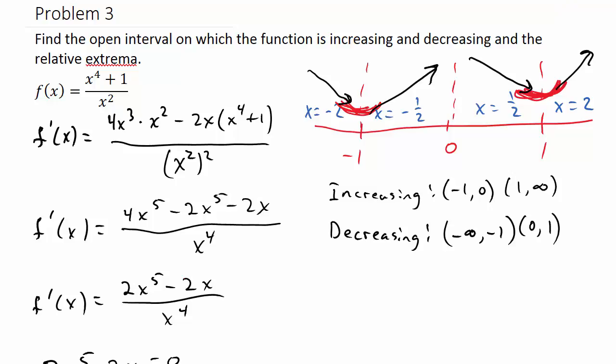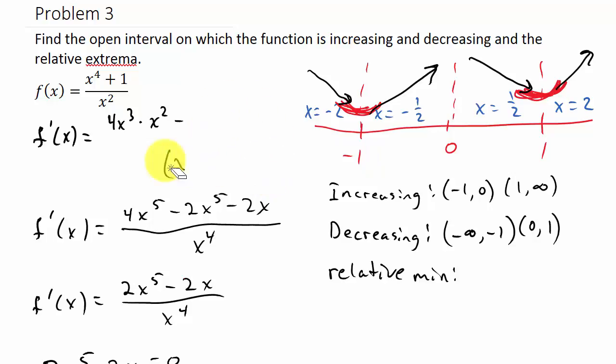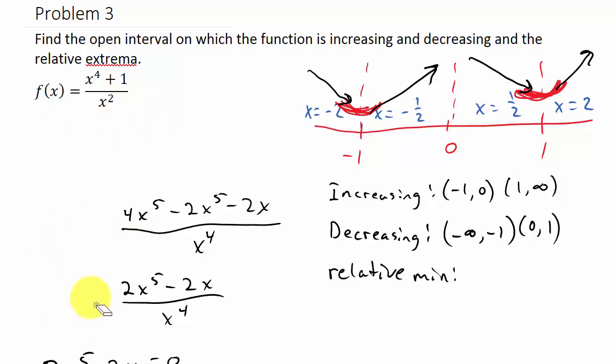Alright, now we need to find our, well, in this case we only have relative minimums. So our relative minimum, we have one at x equal -1. Let me erase this so I can work it out here.